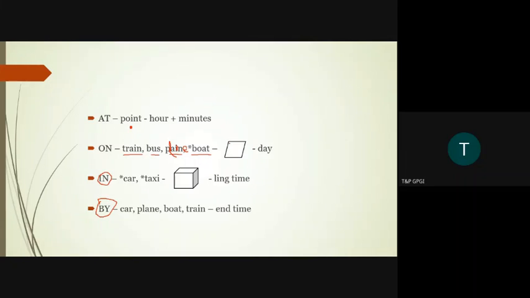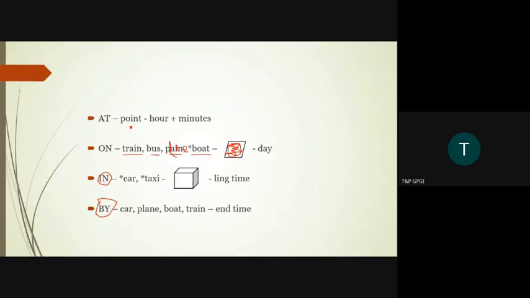Let's see here. I drew this over here. Why? Because this is a surface. This is a dot, but this is a surface. So, this is why I said on the bus, the train and the plane. They are big. They have an area.